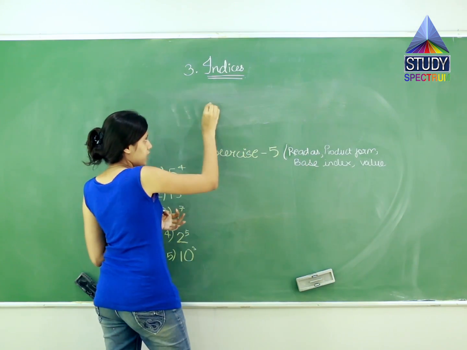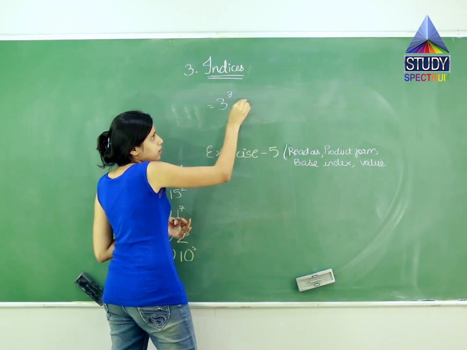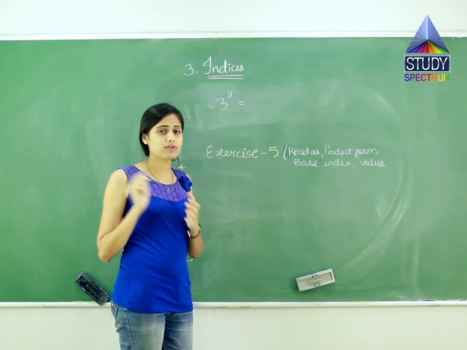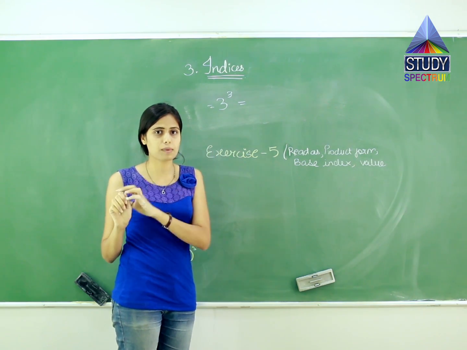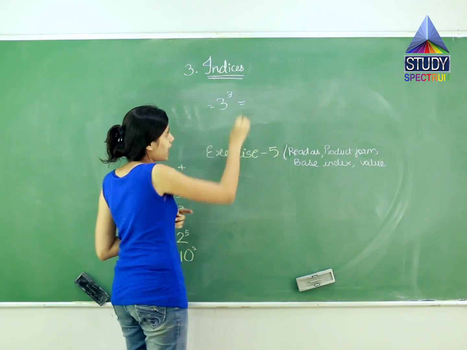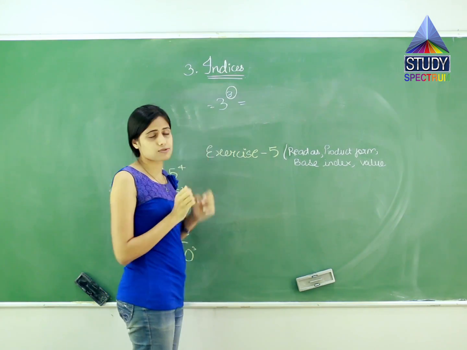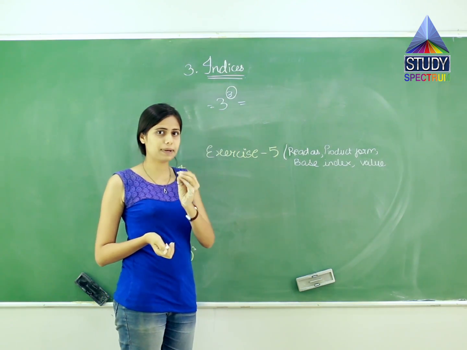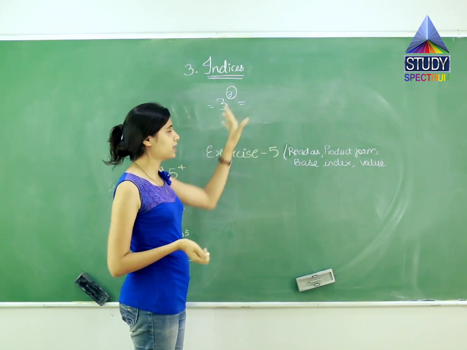Now let us take another example, 3 raised to 3. In squares and square root, if there was 2, we multiplied the number itself 2 times. Now over here we have 3 in the index form, so we will multiply the base the number of times given in the index place.